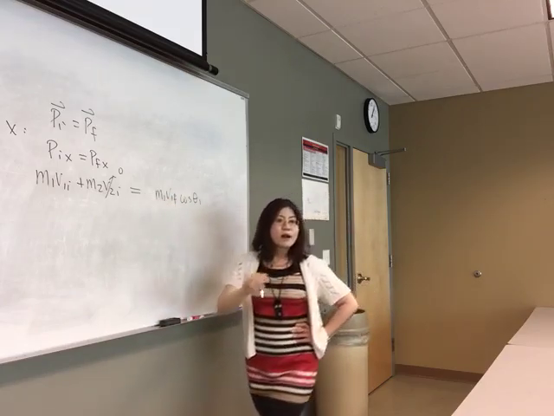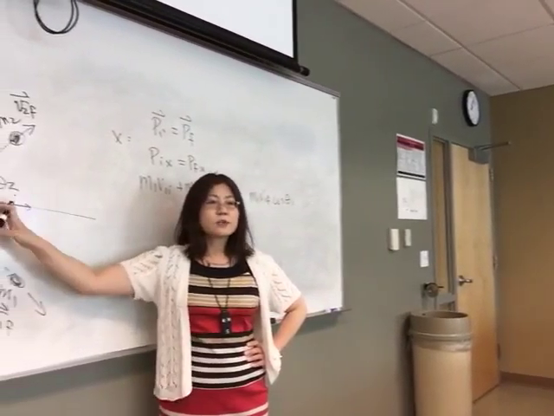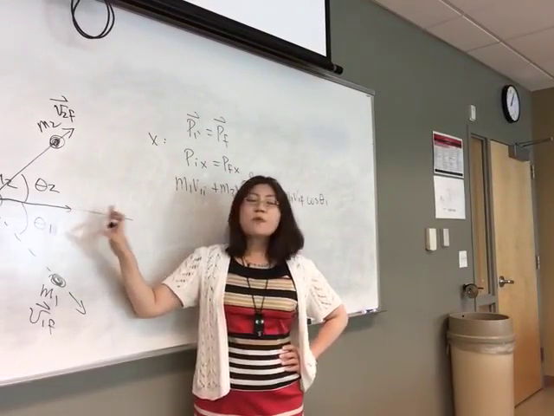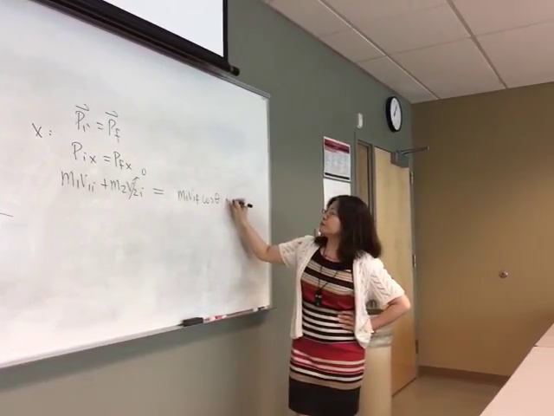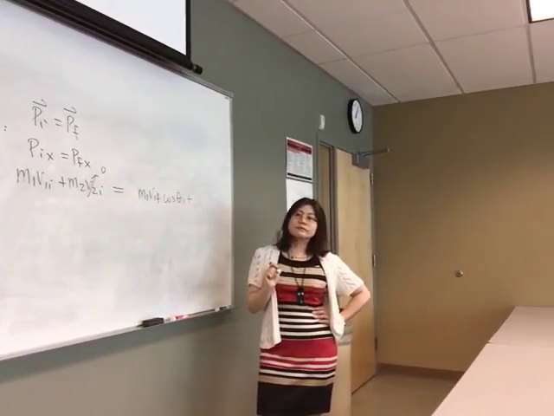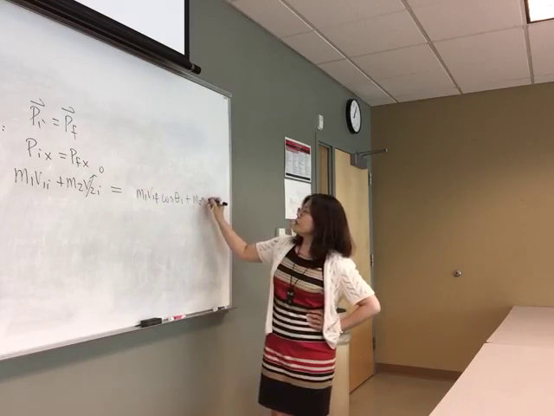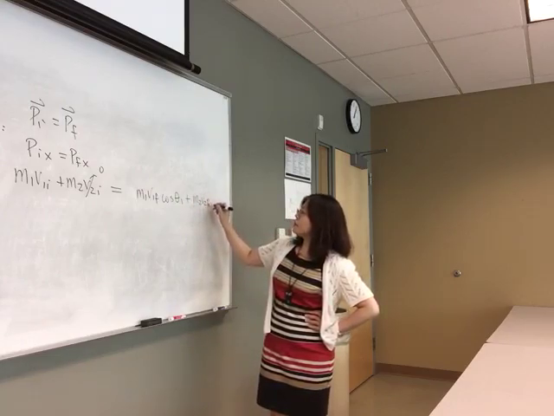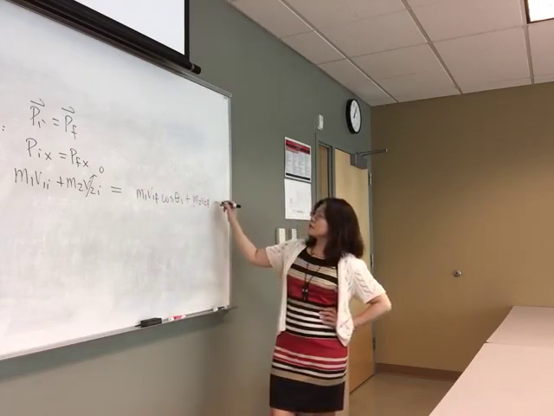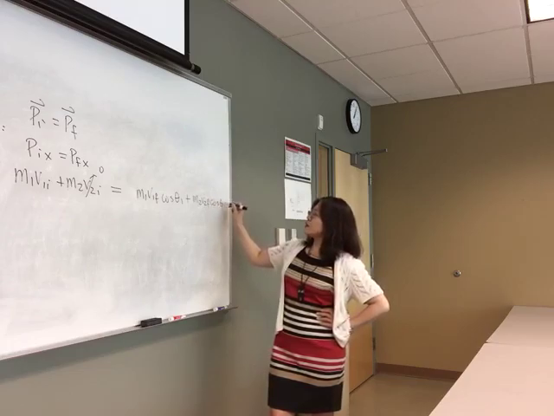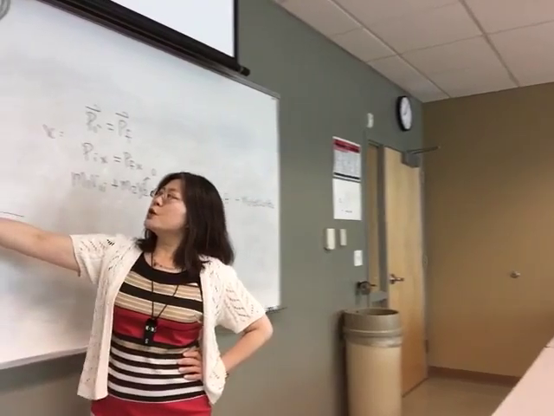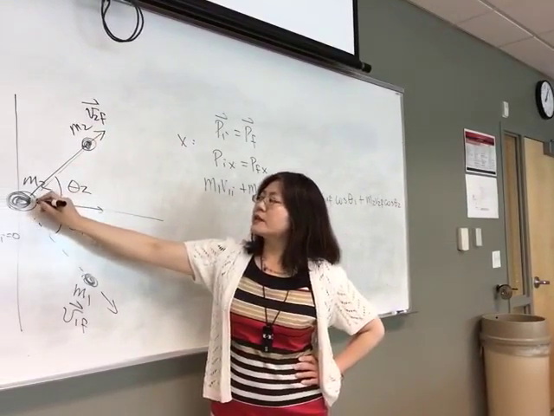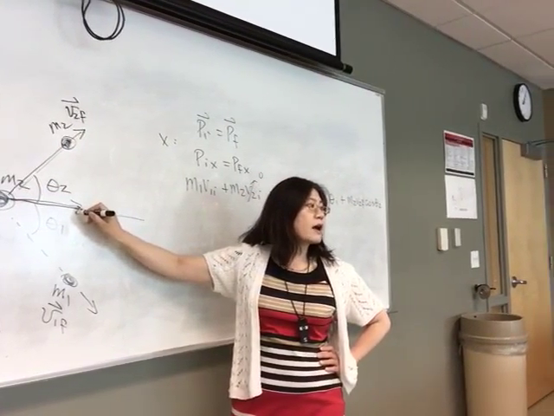Horizontally, it is rightward, so it is positive. This is coming from particle 1. Now, what about particle 2? M2 V2f cosine theta 2, positive or negative? Positive, because your V2 is moving in that direction, so it has a positive x component.